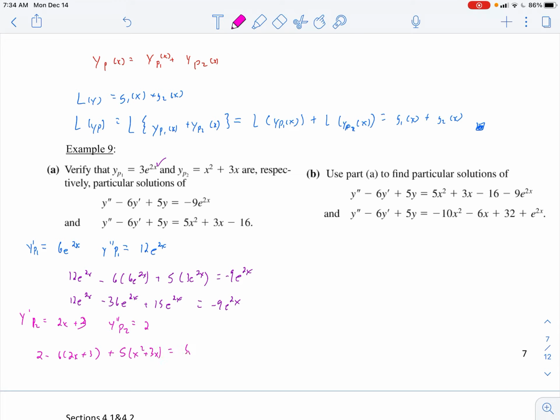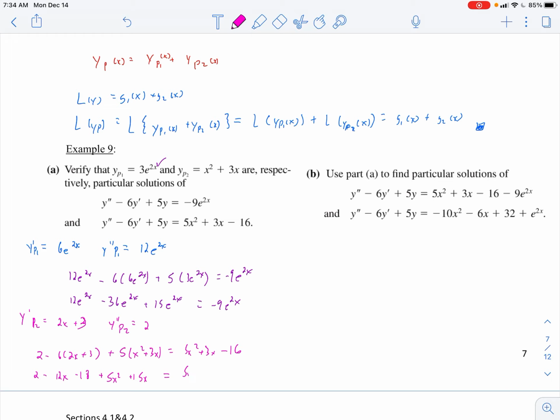And that's supposed to equal 5x squared plus 3x minus 16. Alright, so I get 2 minus 12x plus, yeah, it's 6 plus 8, minus 18, plus 5x squared, 5 times 3 so plus 15x equals, and so let's just go ahead and combine those.